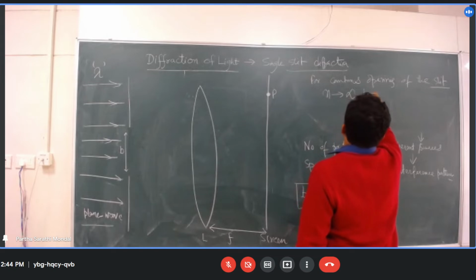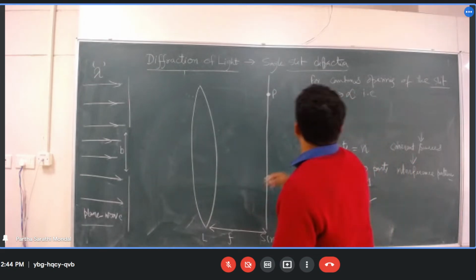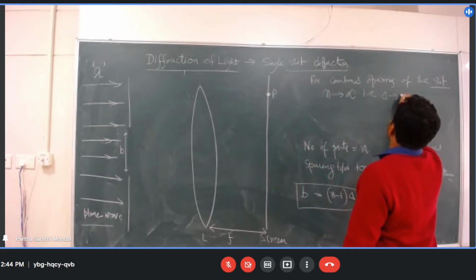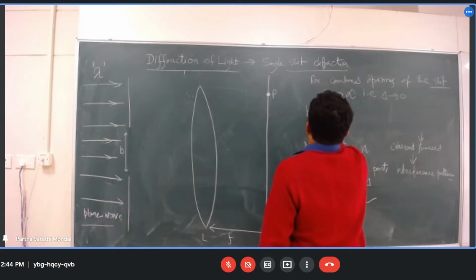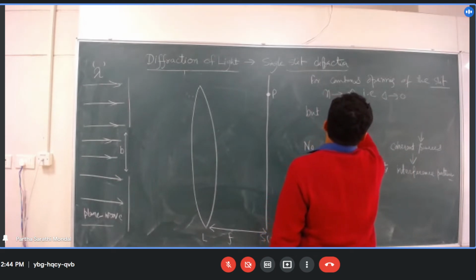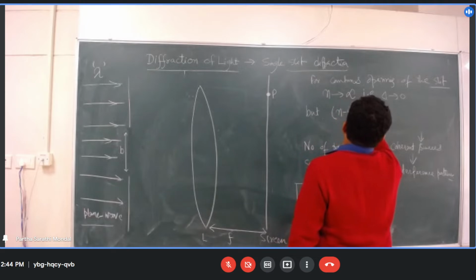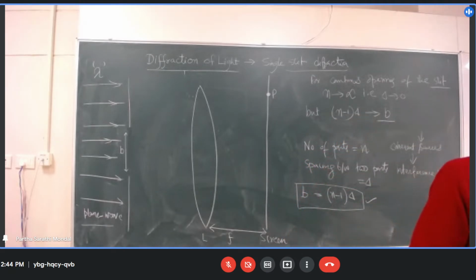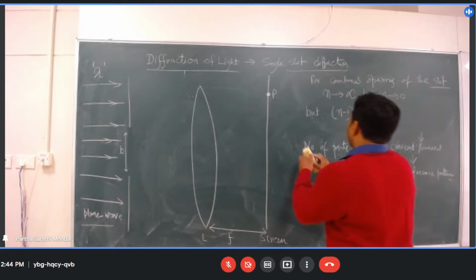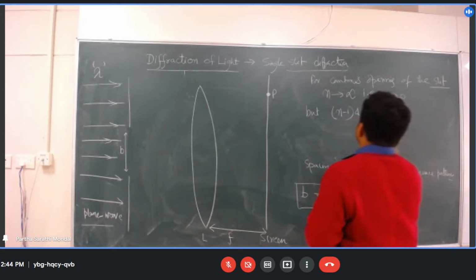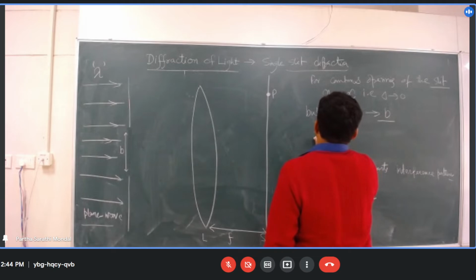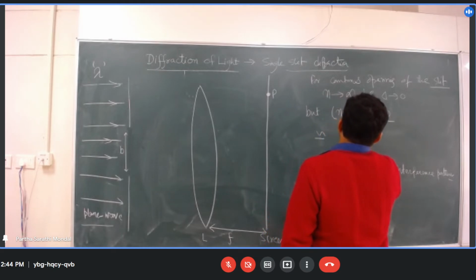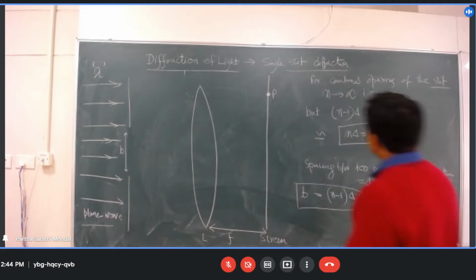That means जब आप n tends to infinity करेंगे तो delta tends to 0 हो जाएगा, but n minus 1 into delta will always give you the total opening. Okay, and if n is very large, because we have put n tends to infinity, you can approximately write this equation as n delta equal to b. समझ में आ रहा है?